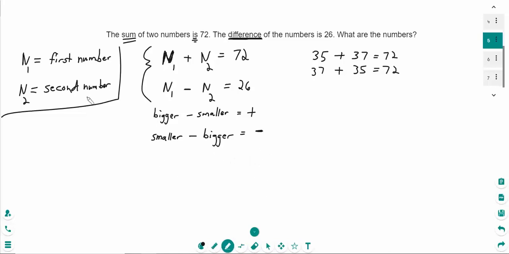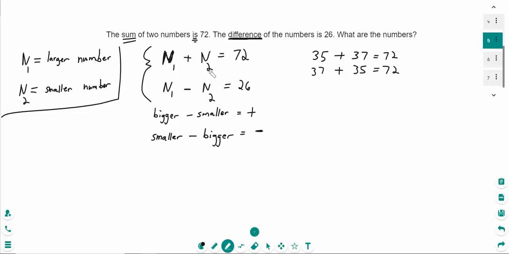So I think what I might just do is I'm going to kind of clarify this. And I'm going to say n sub 1, I won't make that my first number. I will make that my larger number. Okay? And then n sub 2, I'll make that my smaller number. That way there's no confusion.